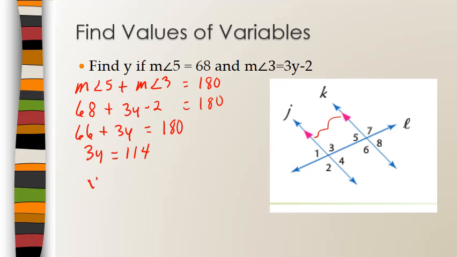And then lastly, we're going to use our division property. 3 will go into 11 3 times, got a remainder of 2, so 3 goes into 24 8 times, and so y must equal 38 for these consecutive interior angles.